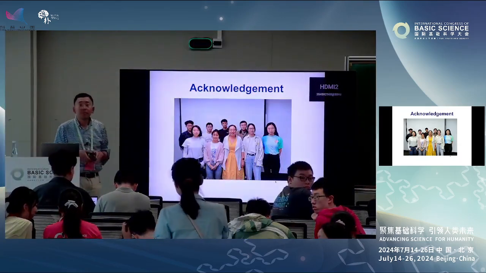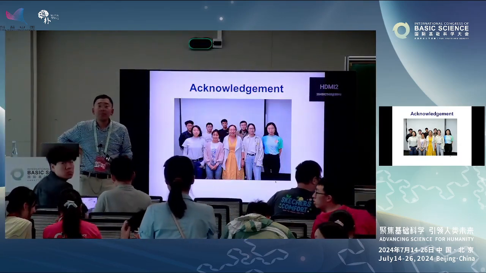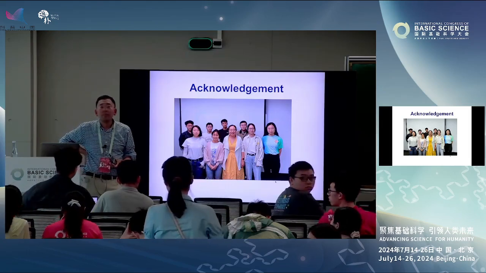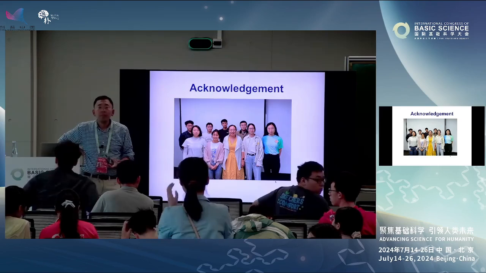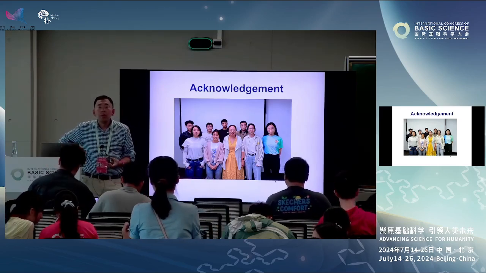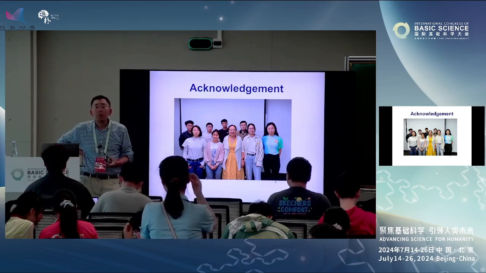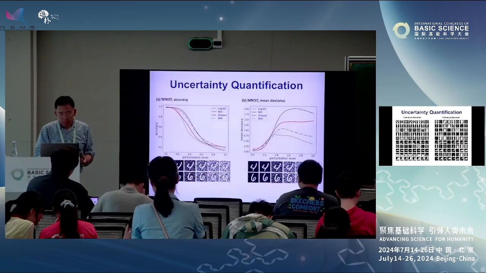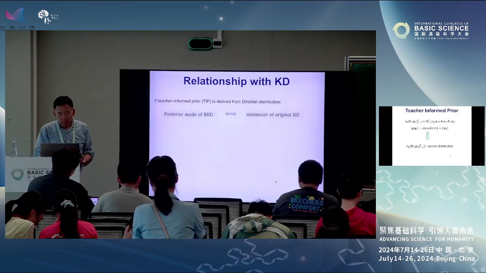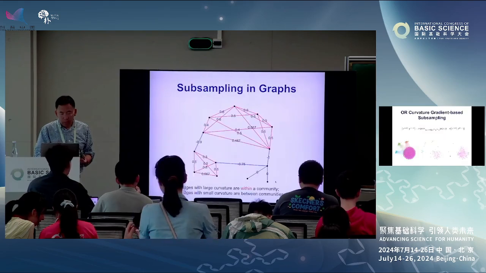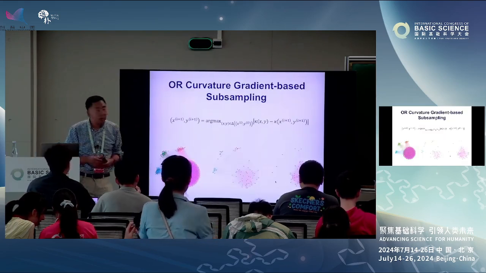I was wondering more about the research procedure on the community, the sampling from the community using curvature. If you're kind enough to show the slide. Okay, yes, this is the procedure.